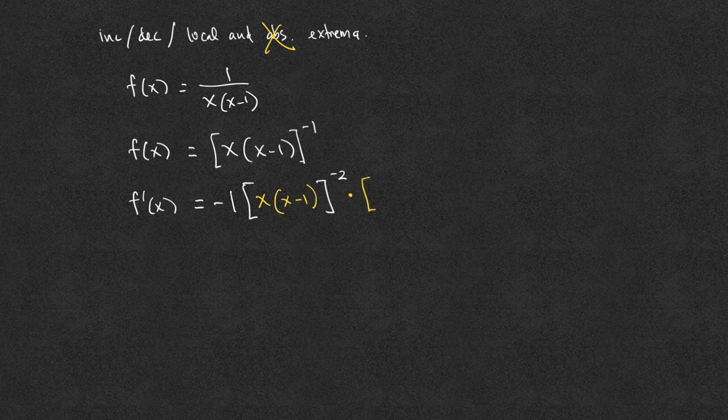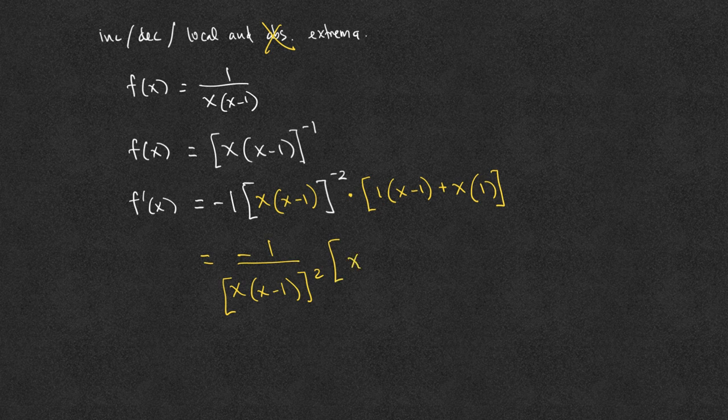The derivative of x is 1 times x minus 1 plus, we keep the first factor and we multiply the derivative of the second factor. The derivative of x minus 1 is 1. Simplifying this, we have -1 over (x times (x minus 1)), the whole quantity squared, multiplied by x minus 1 plus x.